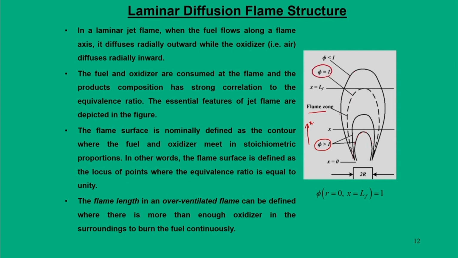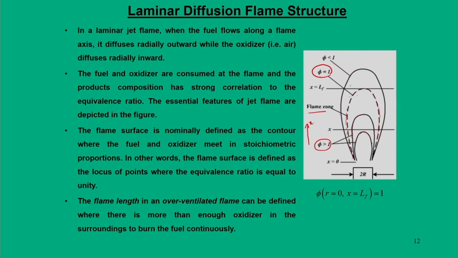It means that at the entire contour of this flame zone, if you calculate the equivalence ratio, it is equal to 1, which means that complete combustion has taken place on this particular flame surface. Now, below this surface it is not a case of complete combustion. In this zone, we will find there are some fuel particles still not burnt, and when you move beyond this flame zone where phi is equal to 1, we have sufficient oxidizer, but there is no fuel to be burnt.